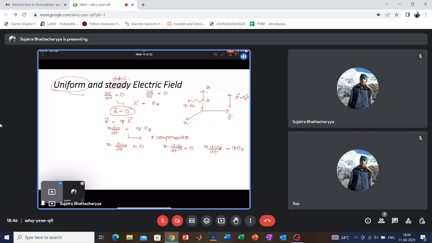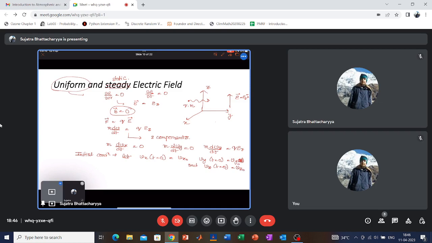Before that, just some initial conditions, it will be helpful for understanding. Let Vx at t equal to 0 be Vx0, Vy at t equal to 0 be Vy0, and Vz at t equal to 0 be Vz0. Now this is the initial condition.